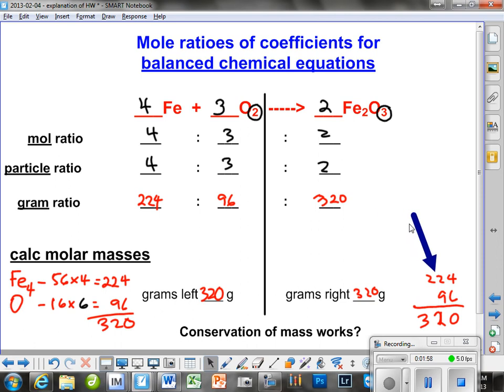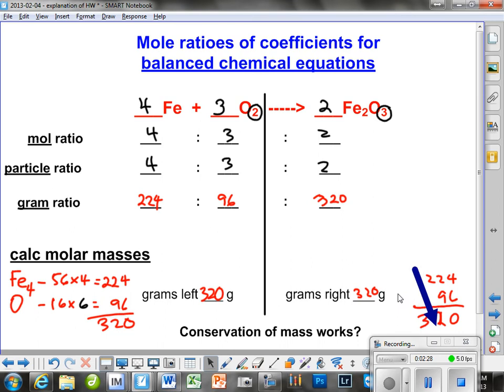And then over here, we get our total molar mass for the Fe2O3, the iron 2 oxide, iron 2 because it has a 2+ charge. Because we had a total of 2 of those, the total mass for one would have been just half of this, so that would have been 160.